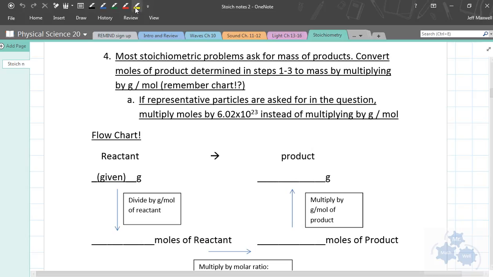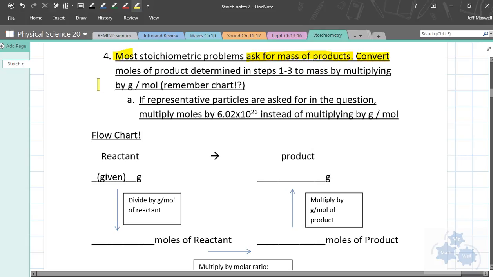Step number 4 says that most stoichiometric problems ask for the mass of the product or products. So we do need to convert everything to moles at the beginning, but then at the very end, we convert to mass.